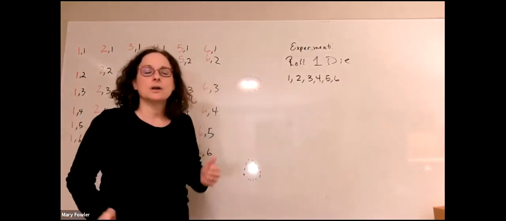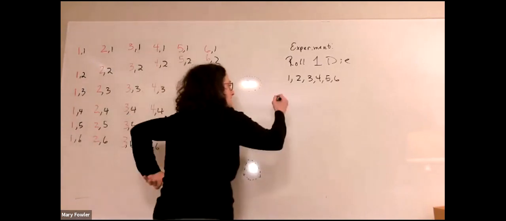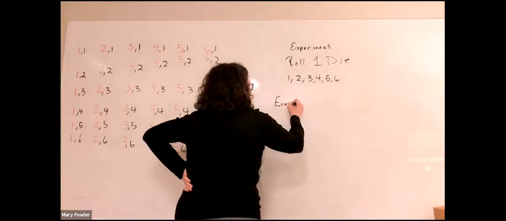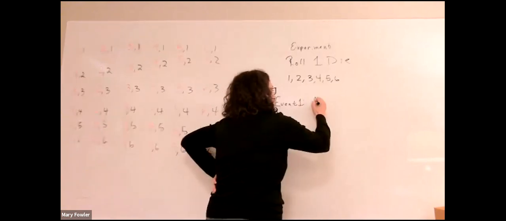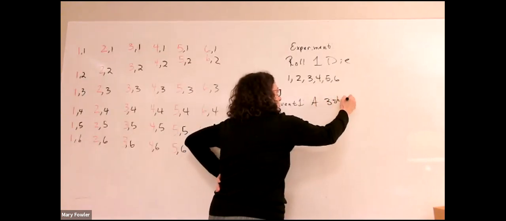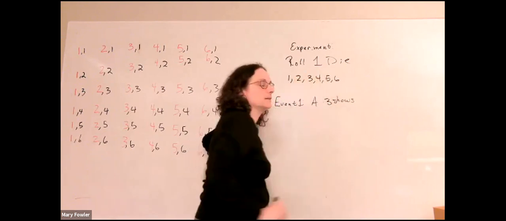Okay, so I want to just talk about a couple of different events here. So we'll let event 1 be defined as a 3 shows. That is, we roll the die and we get the 3.